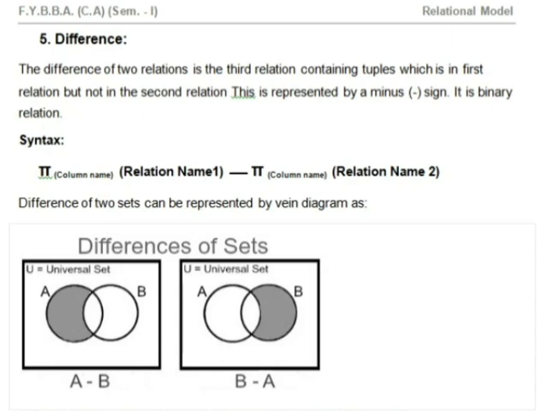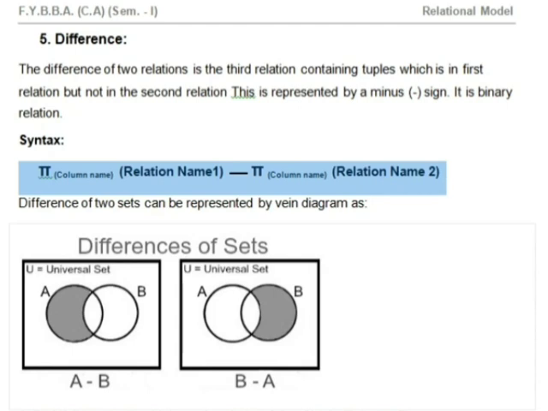We already saw intersection and union. Difference is used when we want the set of items only from one relation which do not belong to the other relation. The syntax is pi column name relation 1 minus pi column name relation 2.